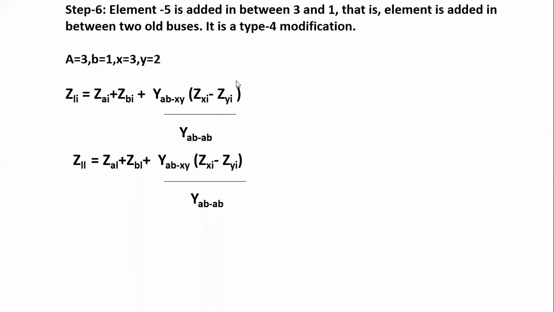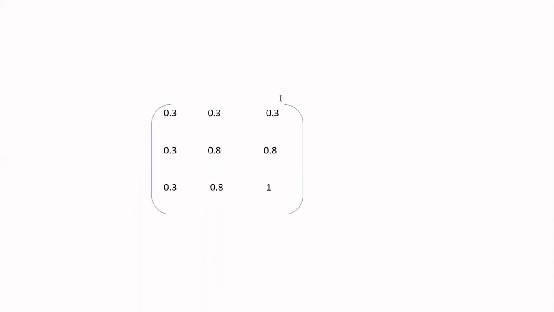We have the mutual impedance in between element 3-1 and element 2-3, which will be observed in the graph.